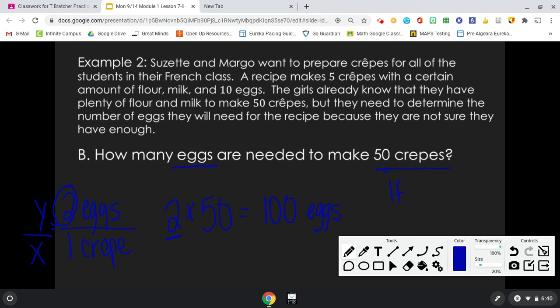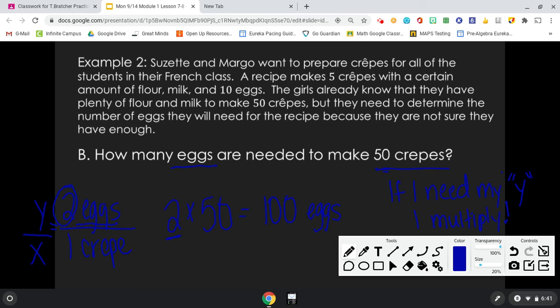If I need my y, so we're talking about the y value, which here is eggs. If I need my y, I multiply. And so it kind of rhymes. If I need my y, I multiply. And because I was trying to figure out the number of eggs, which is the y value, then I would multiply by the 2 instead of divide by the 2.